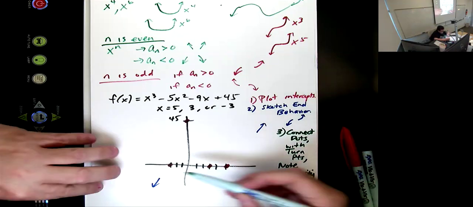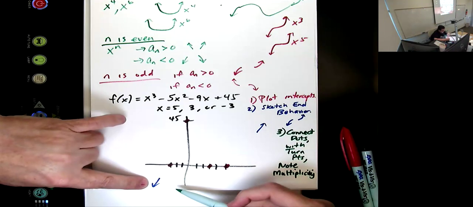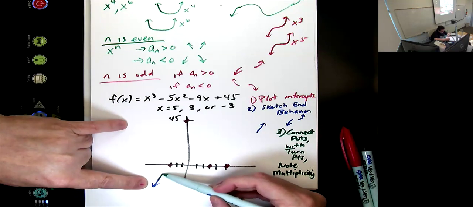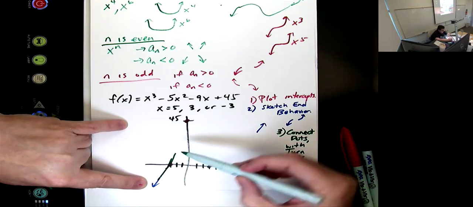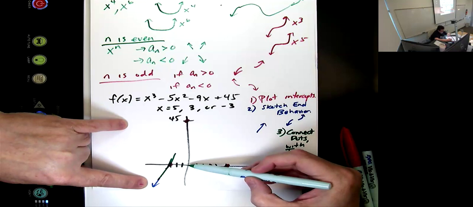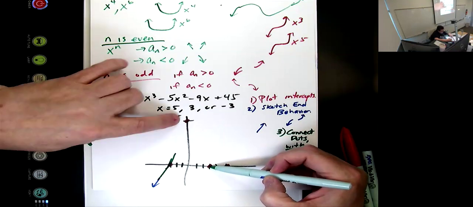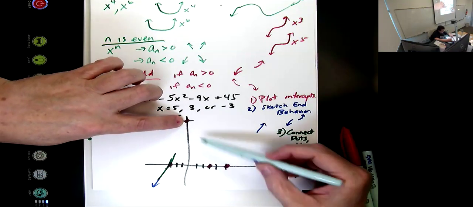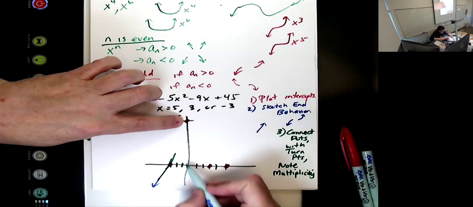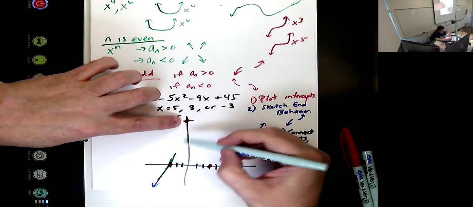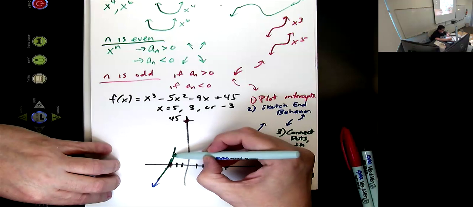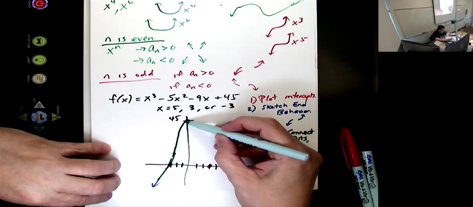So connecting the dots, I know down here it's got to do something like that. And this intercept is 3 away from here and 3 away from here. I think it might actually be the turning point, but I don't know. We'll sketch in a second.